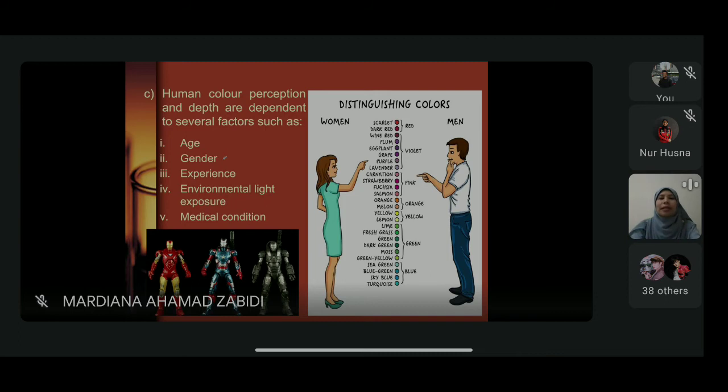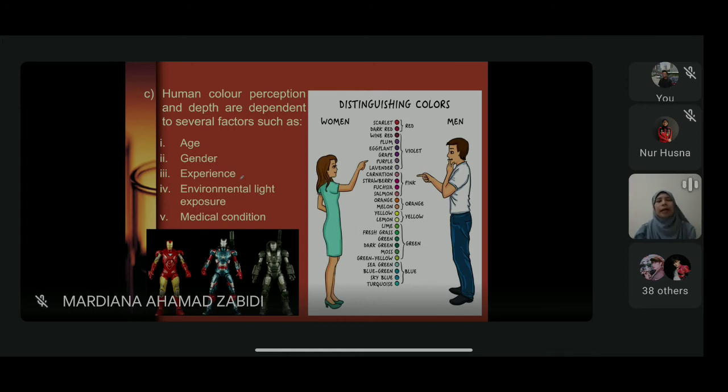For example, if we are looking at a cream yellow, for example a creamy white, men have the tendency to perceive that particular product as either white or yellow, that's all. Okay. And then in terms of experience, a more experienced individual will have better color perception compared to a less experienced one.